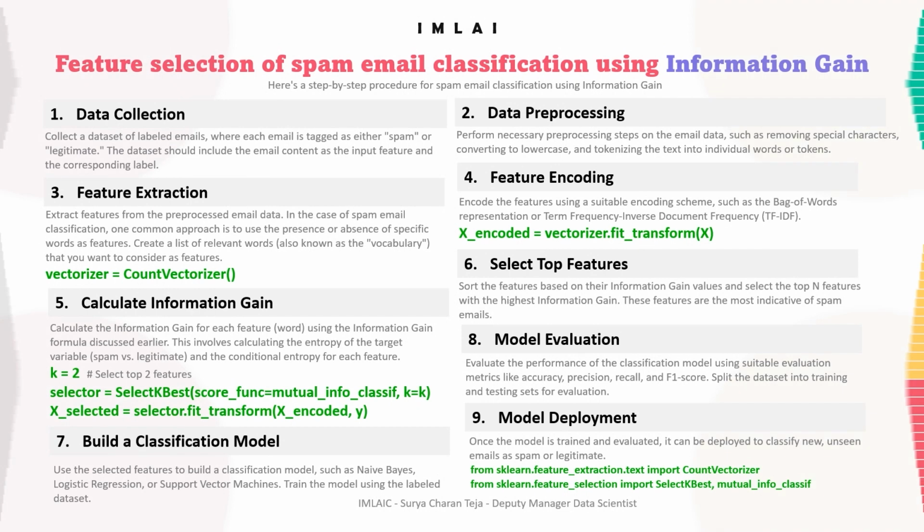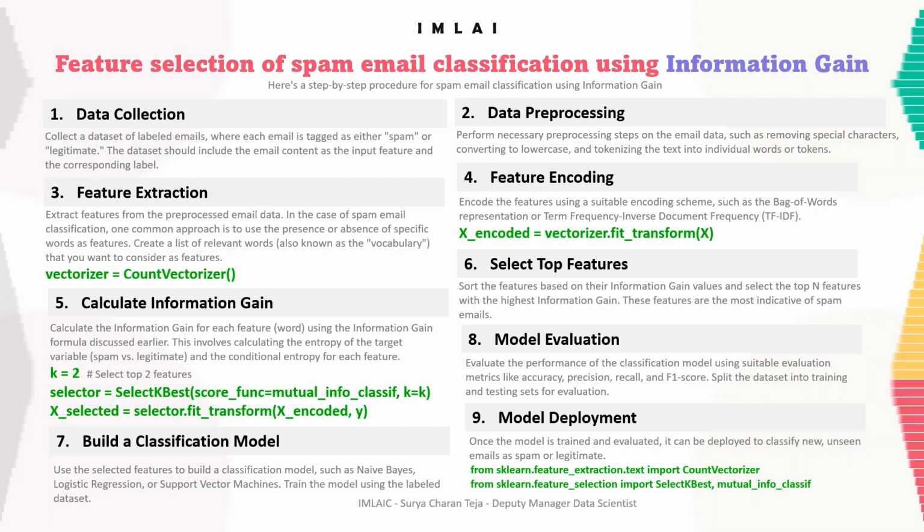Thus far, we have seen filter type feature selection algorithms. Filter type feature selection algorithms assess the relevance of features based on their individual characteristics, independent of any specific machine learning algorithm.